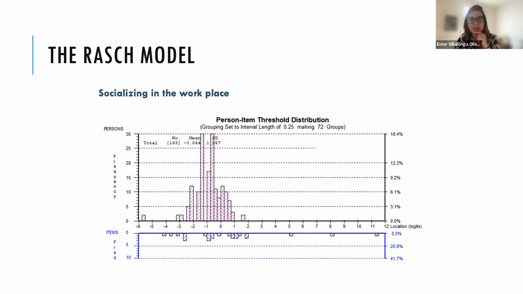So the items must cover all the areas on the ruler. So here you are, this is the ruler, okay? So the items must cover all the areas on the ruler if we want to measure the ability to socialize in the workplace with people that have different characteristics.